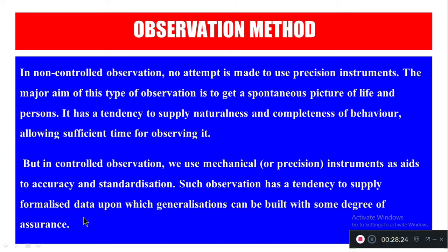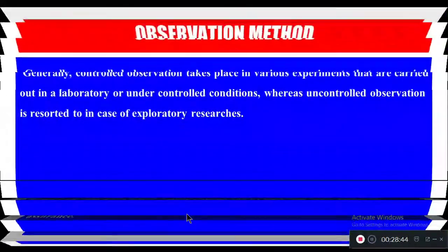This type of observation is used when we collect formalized data. Such data which we collect in controlled observation can be used for generalizing the findings of the result with a higher degree of assurance.